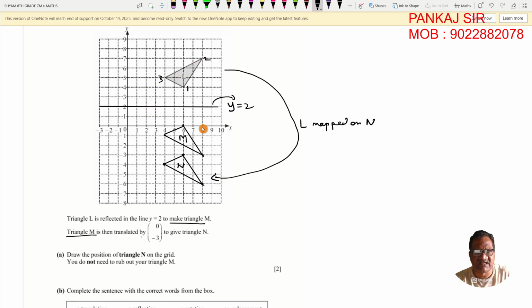So this single transformation, I think this is a reflection, isn't it? Yeah, it looks to me like reflection because the orientation has changed. Okay. So L and N both are reflection of each other.